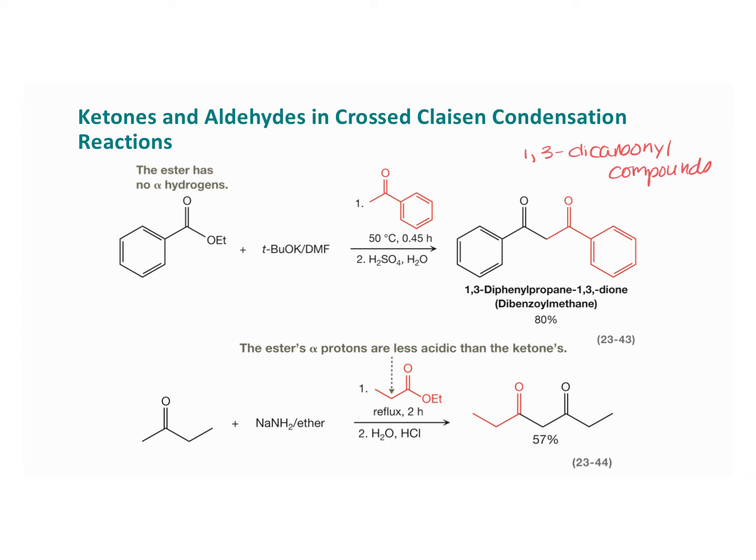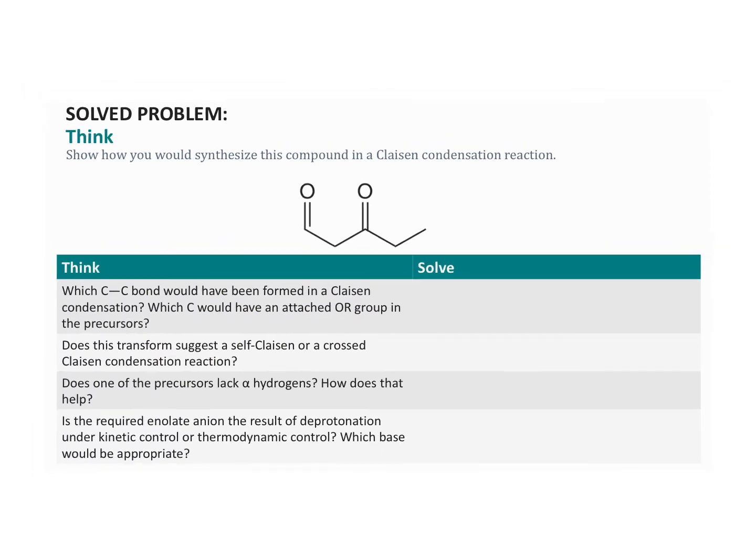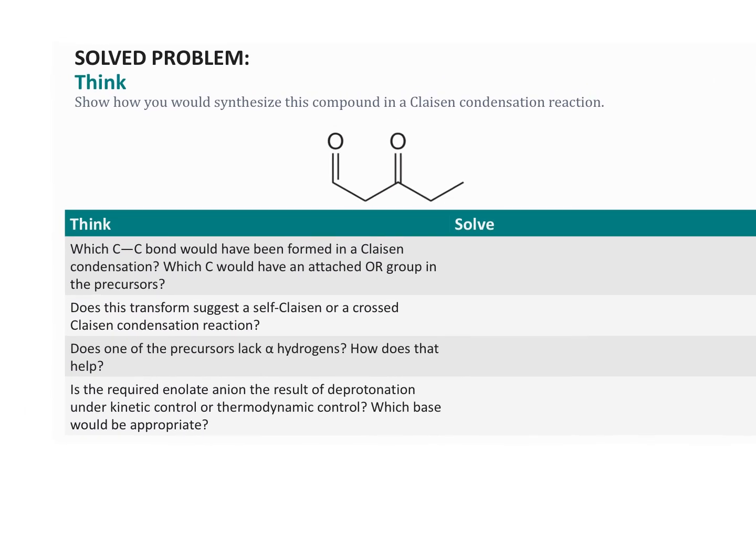Let's do an example. How would you synthesize this compound in a Claisen condensation reaction? When we look at this, we ask which carbon-carbon bond would have been formed in a Claisen condensation. Again, we need to look at the alpha and beta carbons.